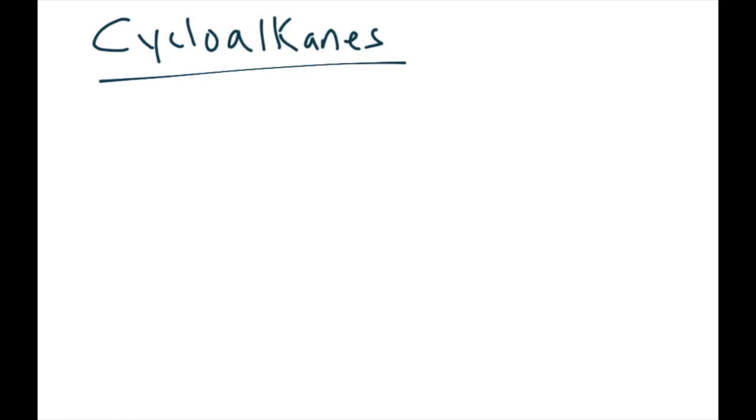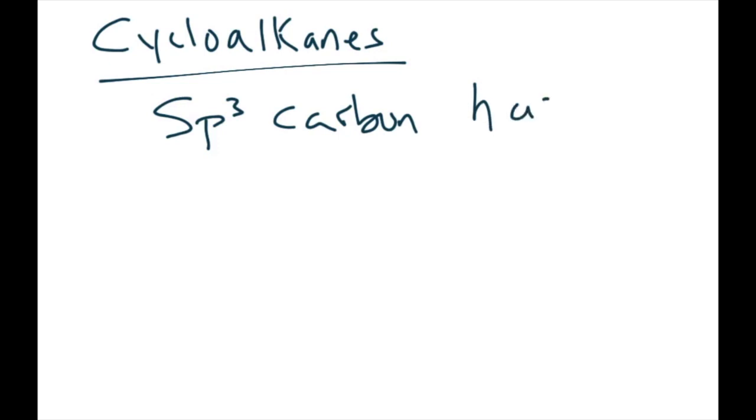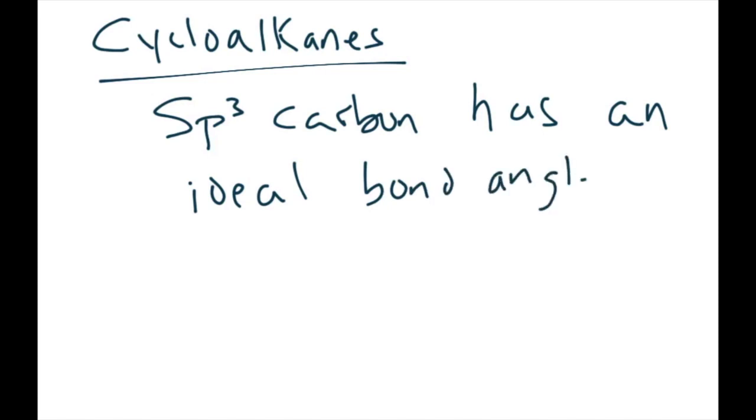All right. I'm going to talk about cycloalkanes. All right. So an sp3 carbon has an ideal bond angle of 109.5 degrees.